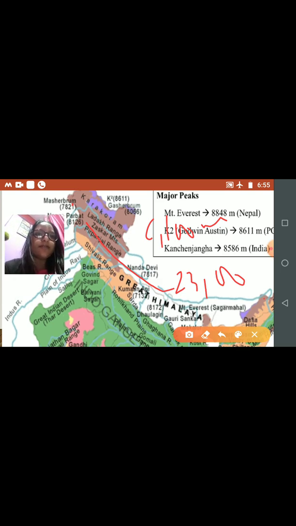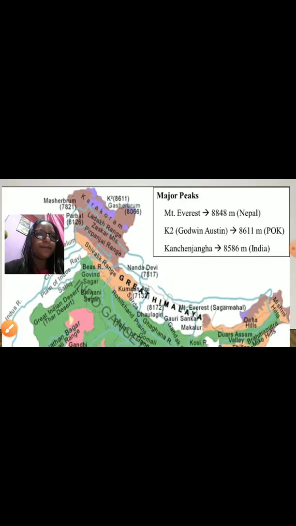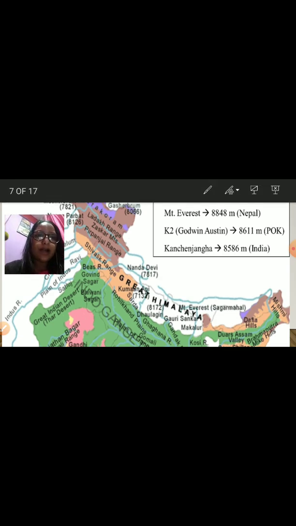Mount Everest, everyone knows, also known as Sagarmatha, is located in Nepal. Then Kanchenjunga, here in the Sikkim Darjeeling region. Then Nanga Parbat. Then we have Annapurna, which is also located in Nepal.